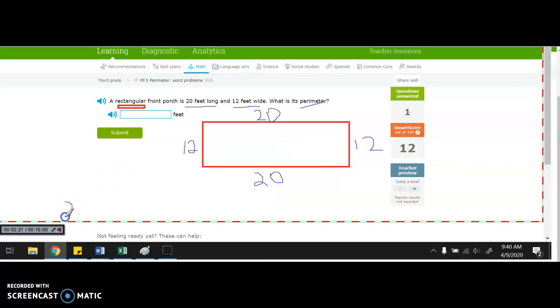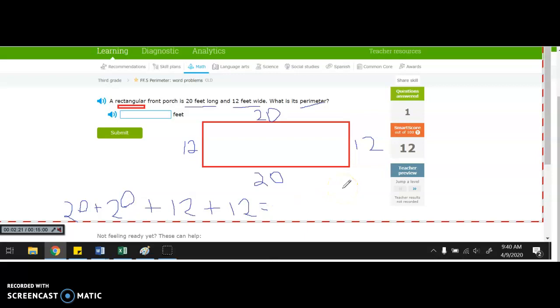So 20 plus 20 plus 12 plus 12. It's hard to draw. And you're going to add all these numbers together.